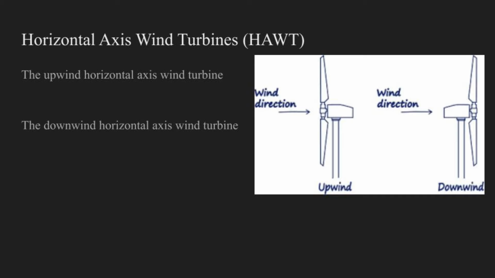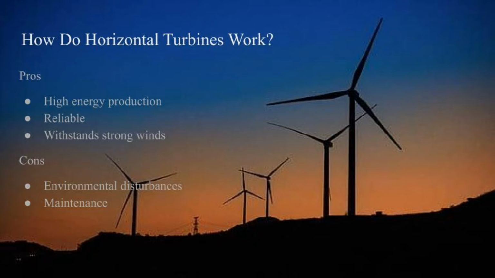The downwind horizontal axis wind turbine isn't as common, and it doesn't need a yaw mechanism because the wind pushes it the opposite way, going with the wind, so it doesn't need a yaw mechanism. That is the clear difference between the two, with one facing towards the wind and one facing away.